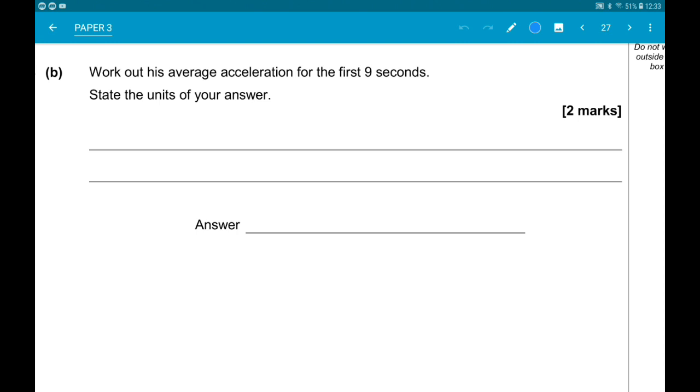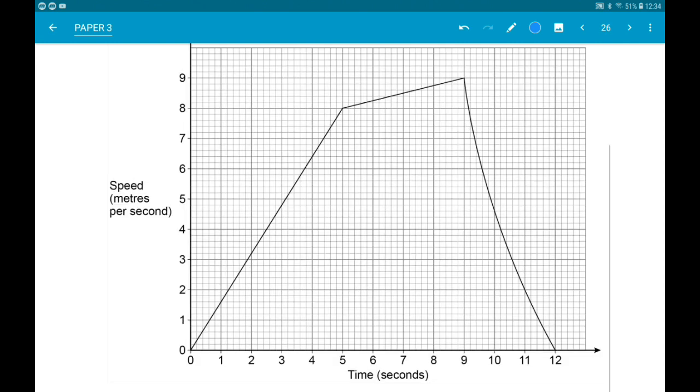Now for part B, we want to work out his average acceleration for the first 9 seconds. Give the units of your answer. Acceleration is your change in speed over time. After 9 seconds, his speed is 9 meters per second. So he's gone from 0 to 9 in 9 seconds.